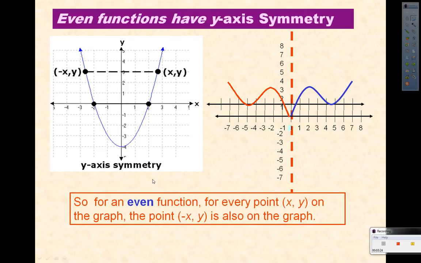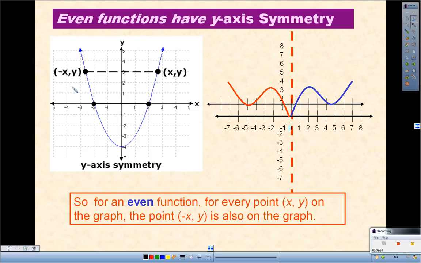Now, from a numerical standpoint, for an even function, for every point (x, y) that is on the graph, the point (-x, y) is also on the graph. For example, this point on this function is (-2, 0), so by that definition, the point (2, 0) should also be on that function.